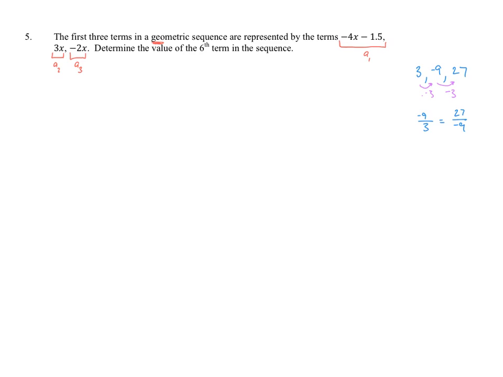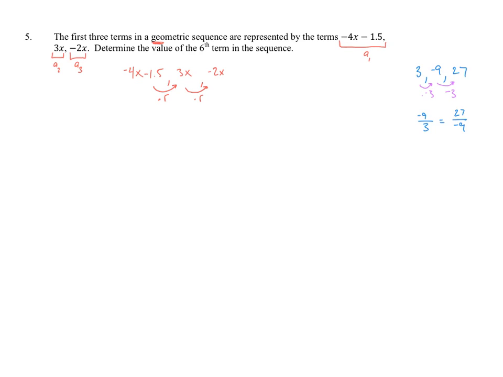So let's take that over to this example where we have term 1, term 2, and term 3. I know that the relationship between these terms is that we are multiplying by some common ratio r. Just don't really know what it is yet.